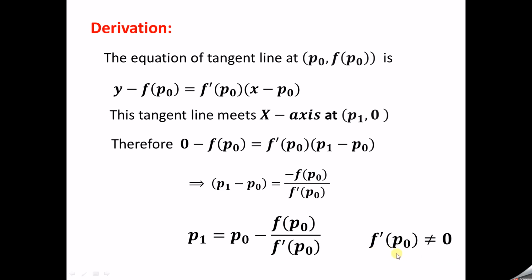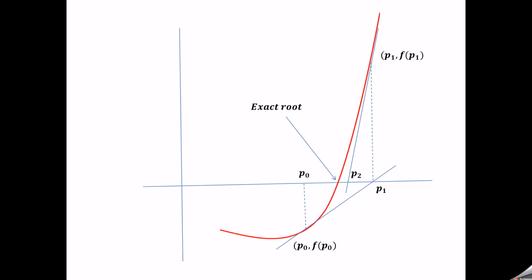And graphically, if we see why this condition is required, the derivative of the function at P naught is not equal to 0. Let us go to the curve again. So here the derivative of the function f at this point is not equal to 0. The derivative is nothing but the slope of the tangent. So this tangent slope should not be 0. Why should the tangent slope not be 0?